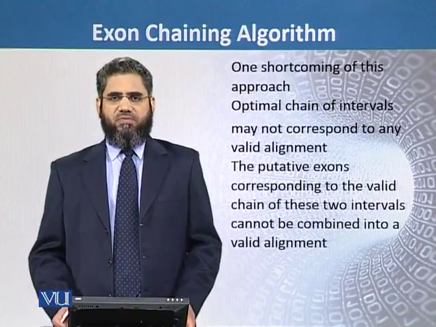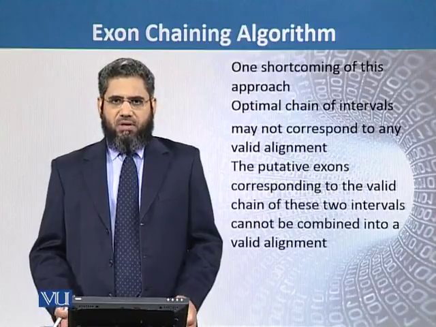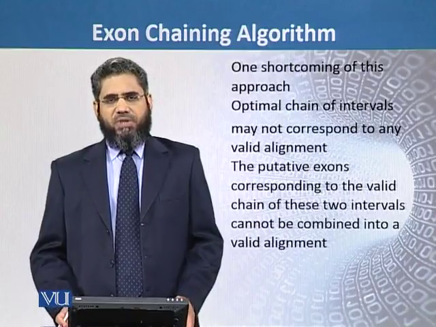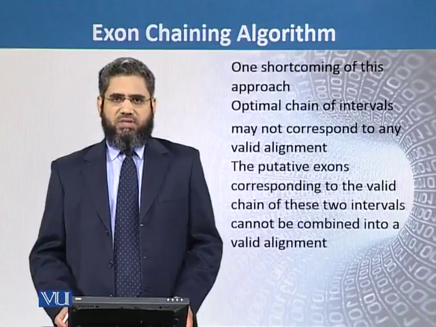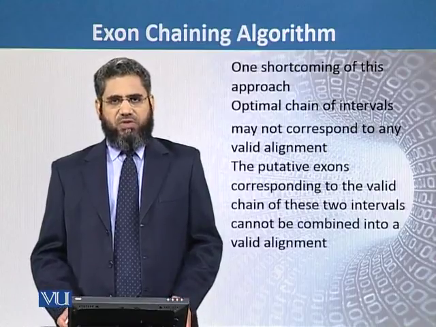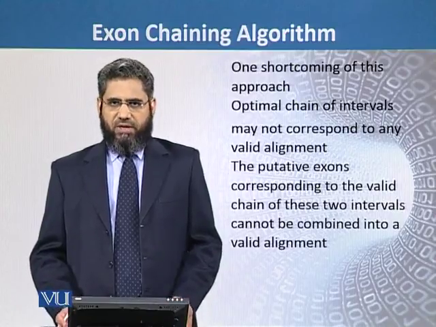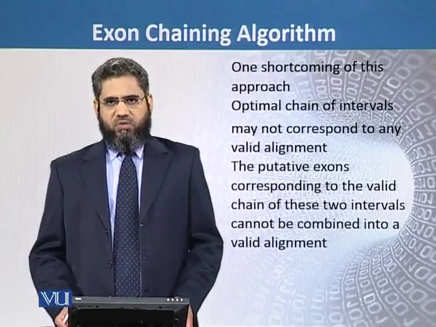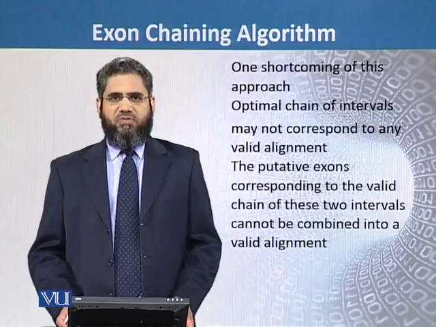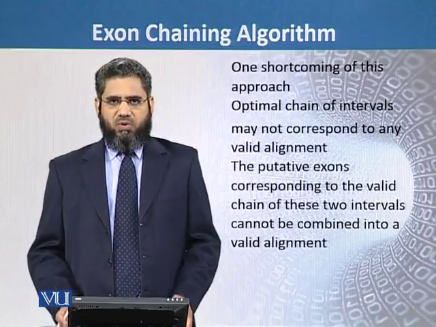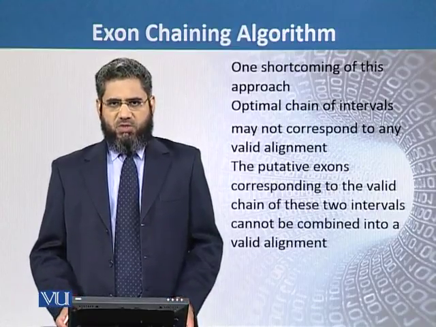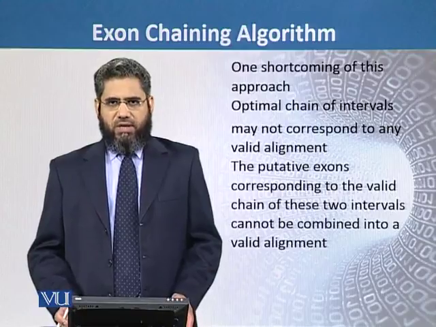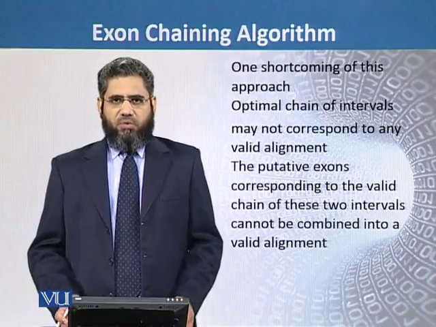For example, the first chain interval may correspond to the suffix location of the protein, and if we consider the second conserved chain interval, it may correspond to the prefix of the protein. So if we combine these exons and try to get the alignment, we will not get the proper alignment.